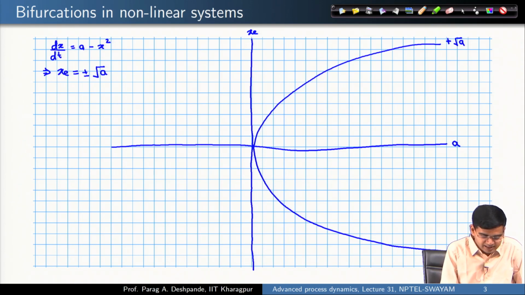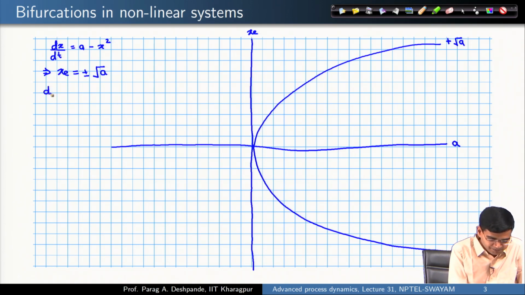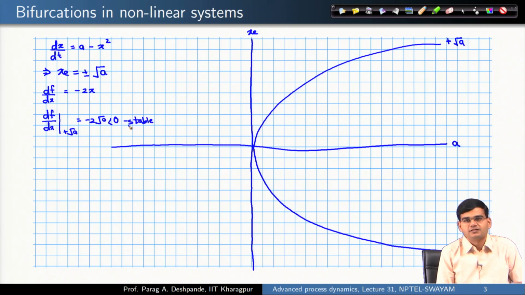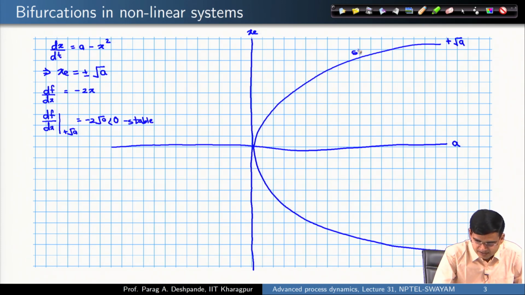So, what did I get from the previous analysis? I got df by dx is equal to minus 2x. So, therefore, df by dx at plus root a is equal to minus 2 root a, which is less than 0 always, which means stable, and I can write this here: stable.